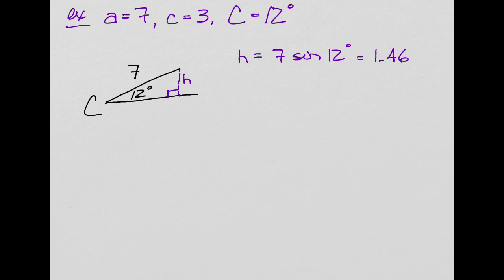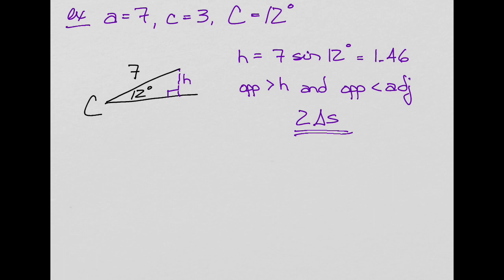Now I got to compare. Well, my opposite side C is longer than the height. And at the same time, we already observed my opposite side C is less than the adjacent side.